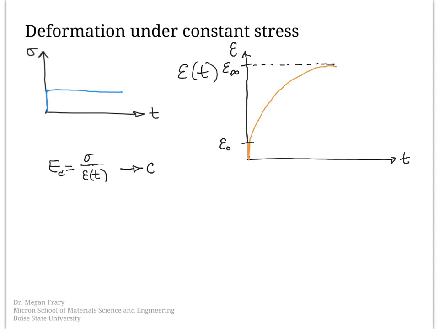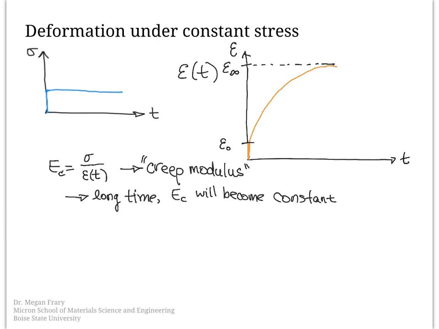This isn't exactly creep deformation because it's elastic, but nonetheless, this time-dependent elastic modulus is called the creep modulus. If we hold the stress for a long time, then the creep modulus will turn into a constant, but only at a long time.